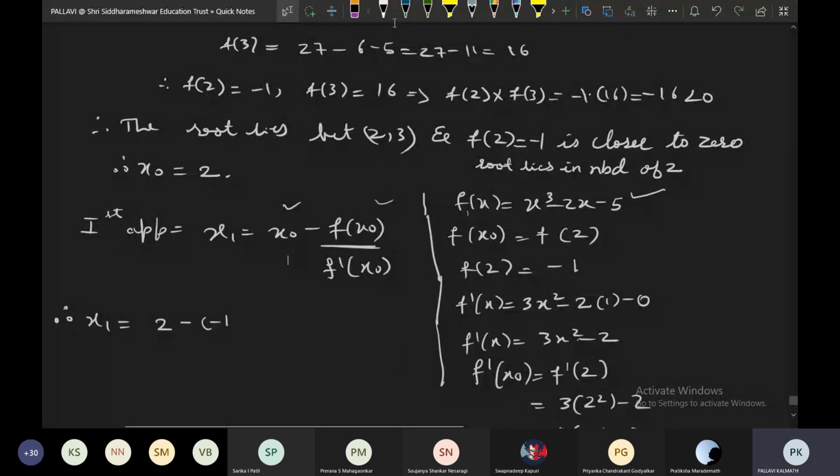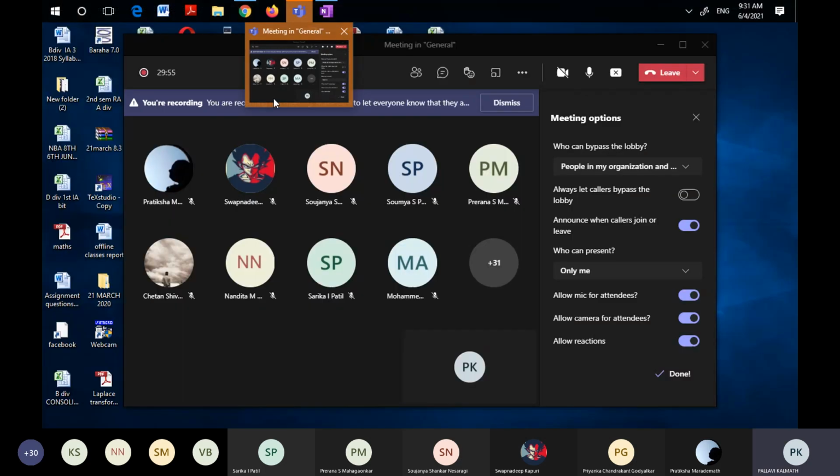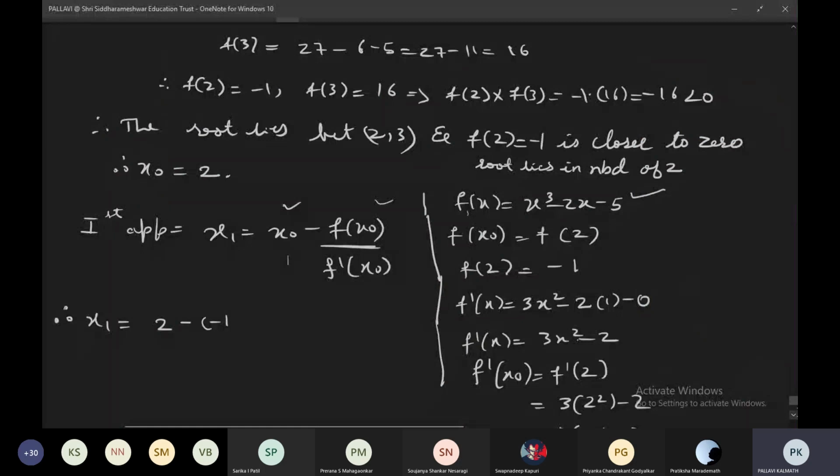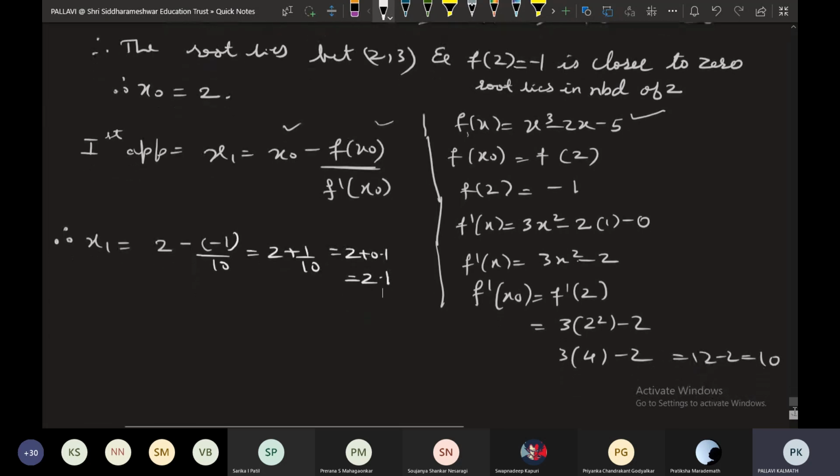Fine. Okay, x1 is clear. Then has anybody solved for x2?